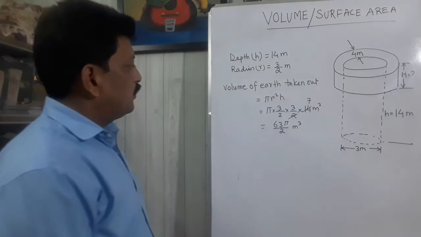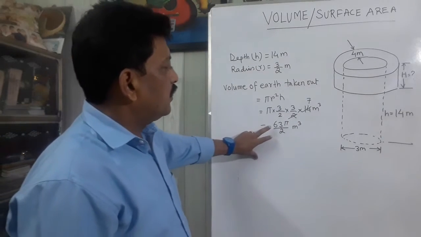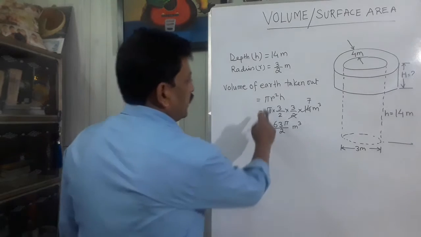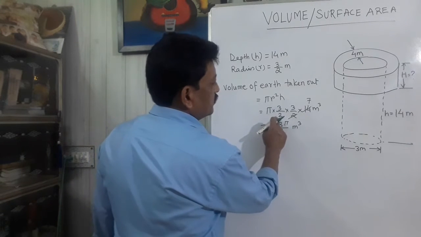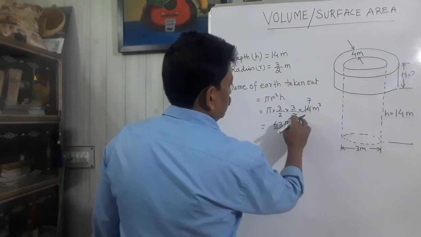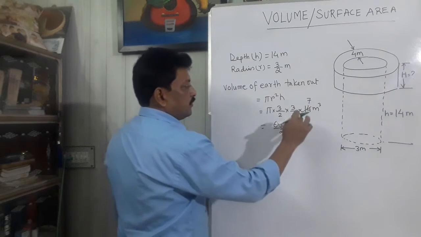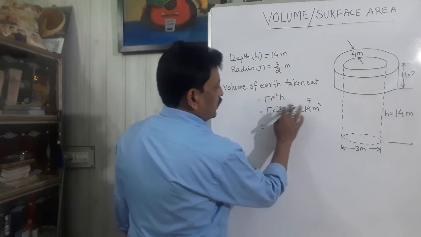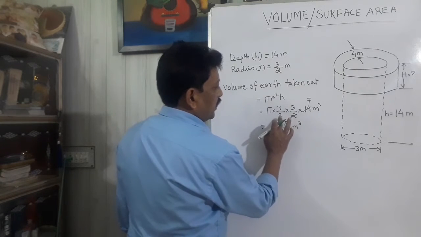This is the volume of earth taken out from the well. Pi r square h: pi r square is 3 into 3 by 2 into 3 by 2 and h is 14. So 2 into 7 is 14, 9 sevens are 63 pi, and 2 remains here.